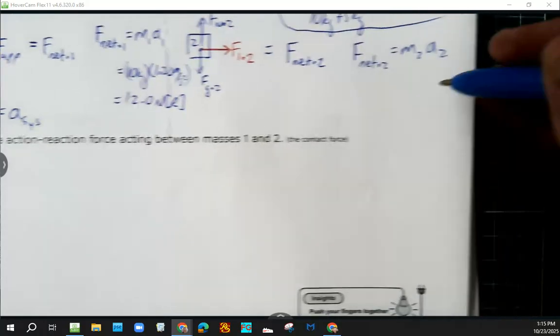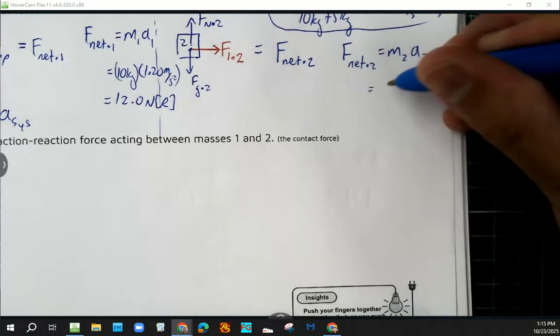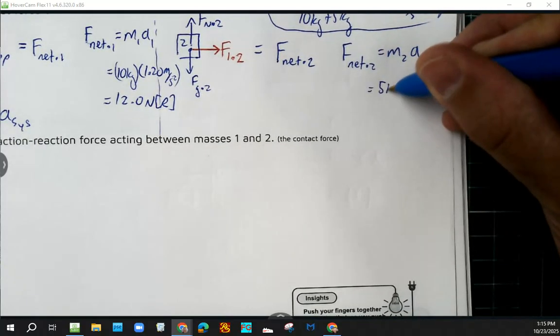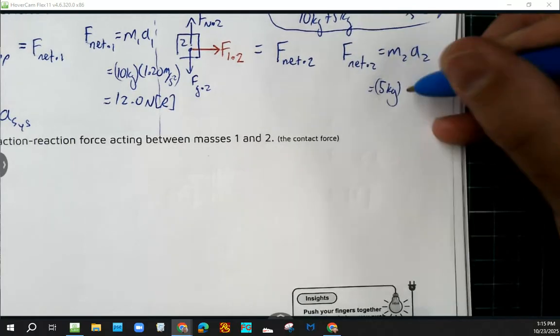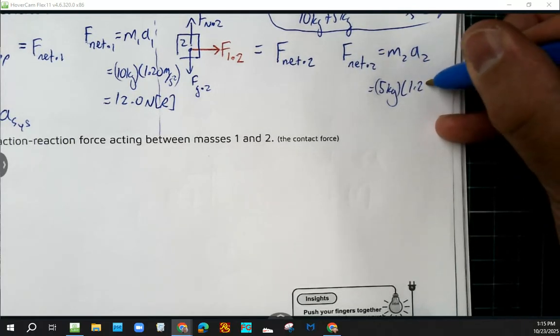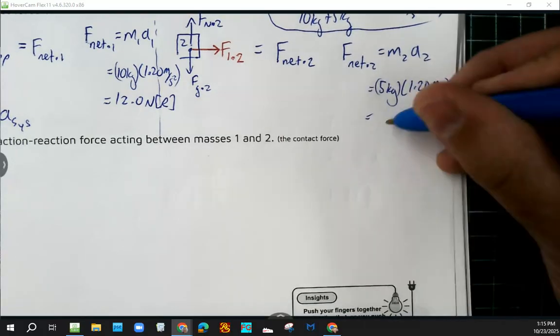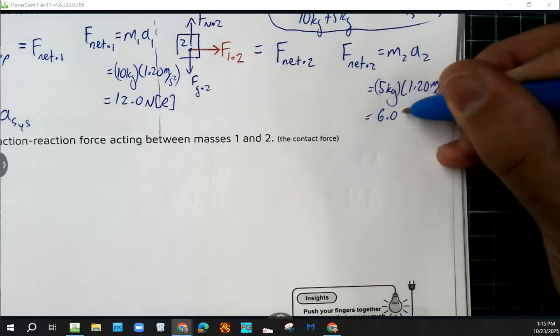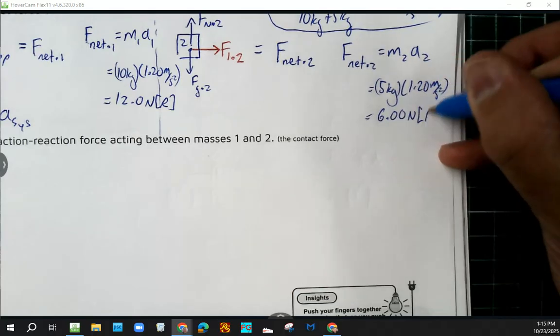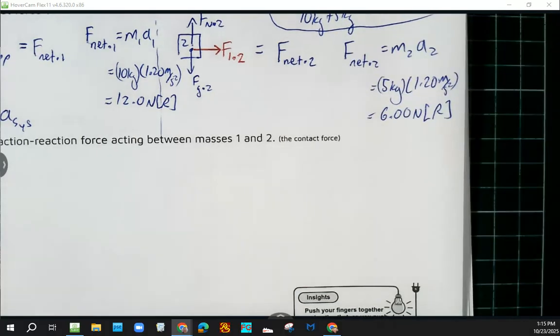F net 2: mass 2, 5 kilograms, 5.00 really, but I'm going to run out of space, times 1.20 meters per second squared. 5 times 1.2 is 6.00 newtons to the right. I got the net force on those two individual objects.